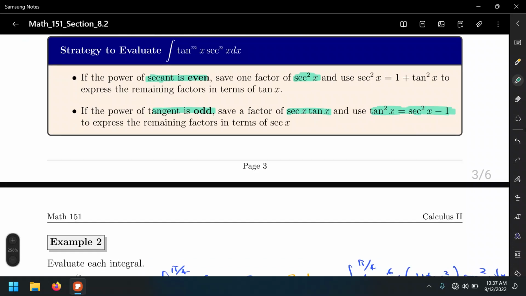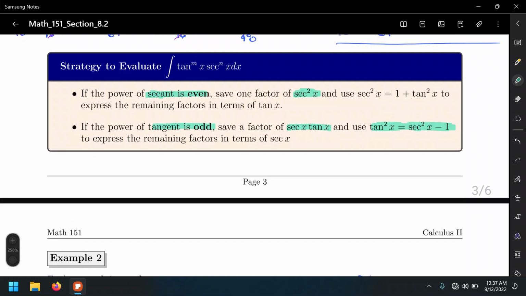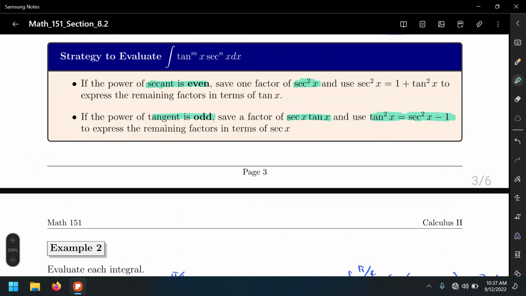Actually, before moving on through this example, the identity that you know the most is sine squared plus cosine squared equals 1. That's the basic Pythagorean identity, and of course all its implications.